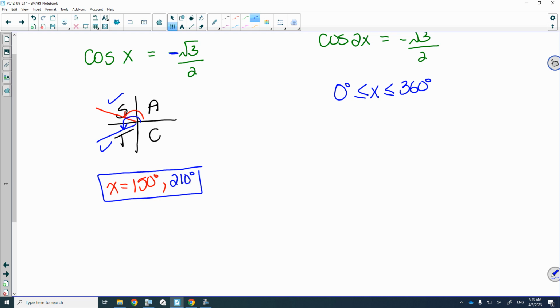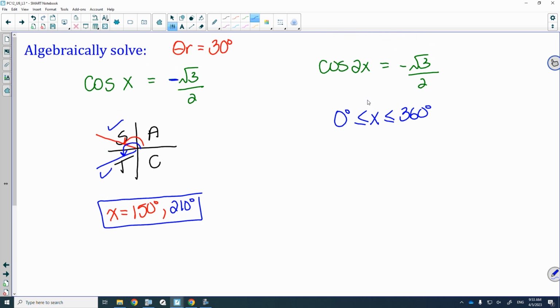Now we got to get those 4 solutions. How do we get those 4 solutions? So the first thing we have to do is this. We have to manipulate our domain because our domain is for a single x. Our domain is for if our argument is x, but what I'm doing right now is my argument is 2x. So what I need to do is I need to manipulate this current domain so that instead of an x here, it fits this argument, which would be 2x.